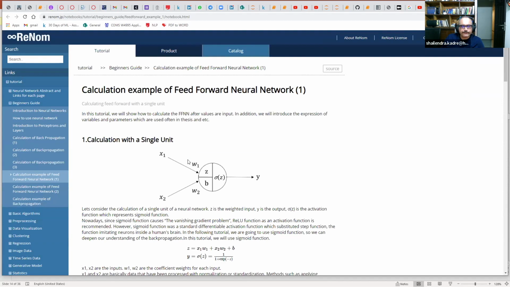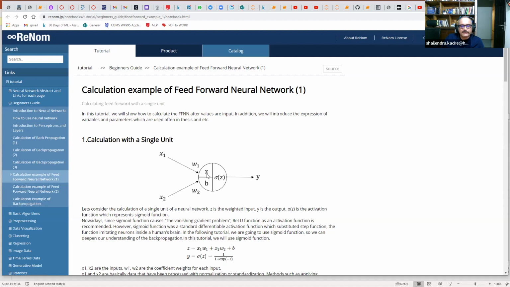It is a simple perceptron, our yesterday's perceptron. Let us first work with a single unit. X1 and X2 are two input variables, with weights W1 and W2 associated with each input. Then you have Z and then the bias.